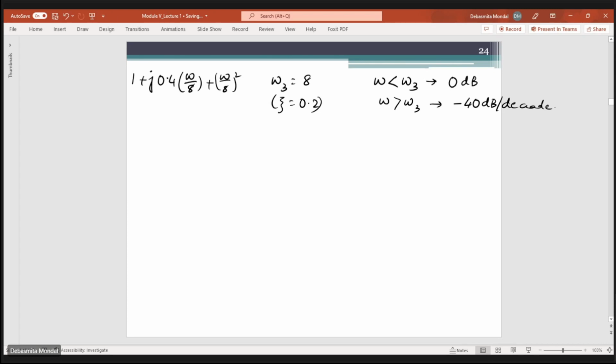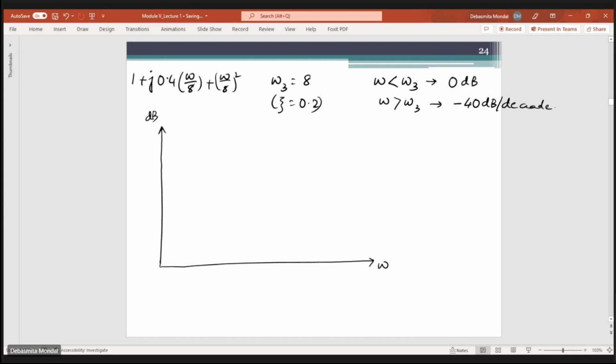Okay, once you have found all these, we'll start drawing the Bode plot. So we have dB over here, and this is the frequency.